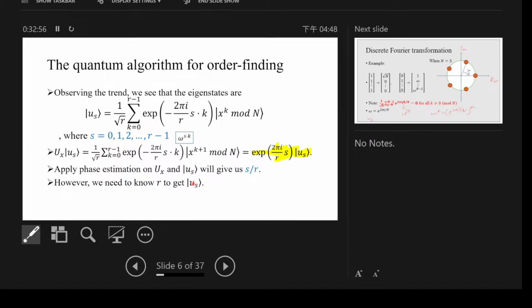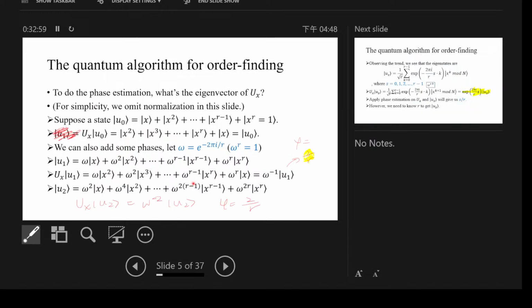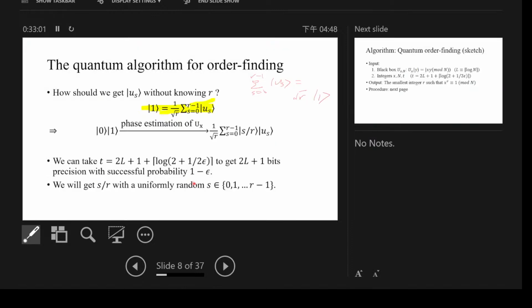So what do we do instead of phase estimation on Us? We do phase estimation on 1. So we have 0 and 1. We do phase estimation. Then we will get random s over r. So it's a little bit different than what we talked about last class, where we said we will get a totally random phase out of the n different phases. We don't actually do that.